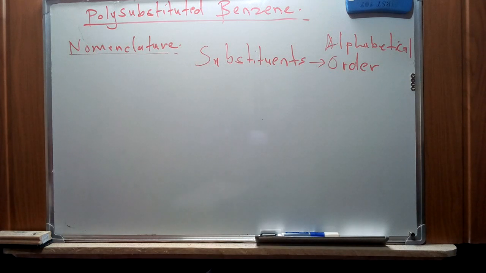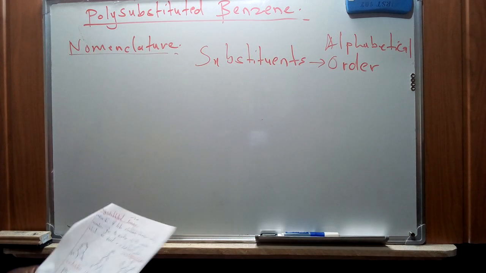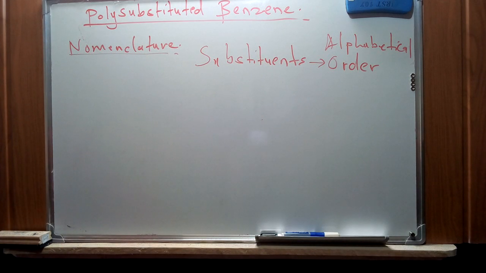So we're going to have different examples of polysubstituted benzene so that we can name them. Bear in mind that we are going to use the special names that we have mentioned in some of our videos pertaining to the monosubstituted benzenes.